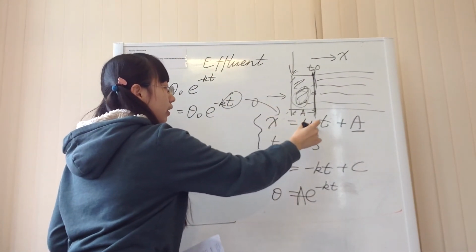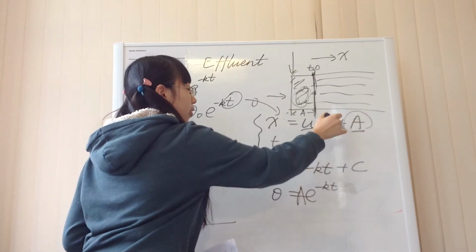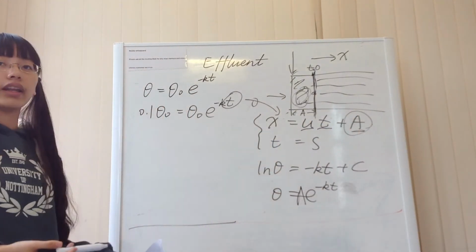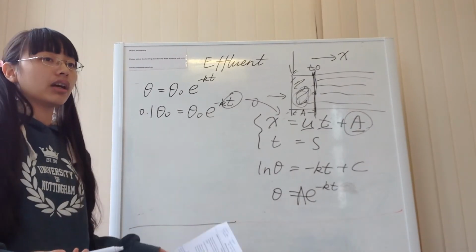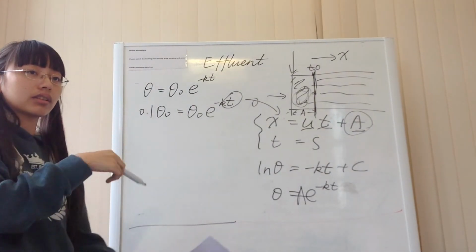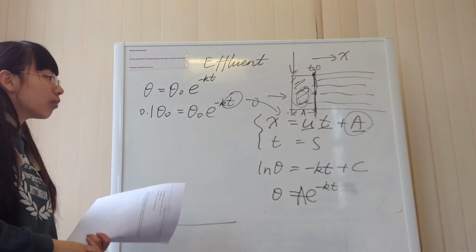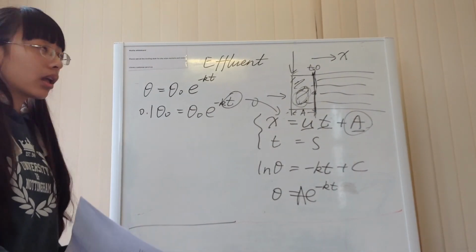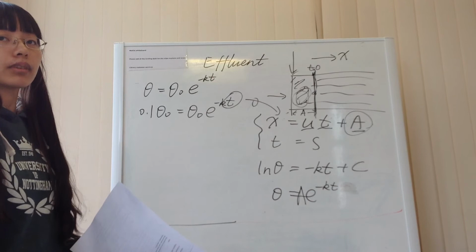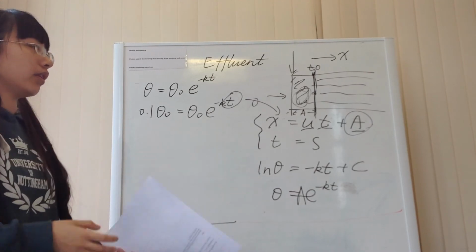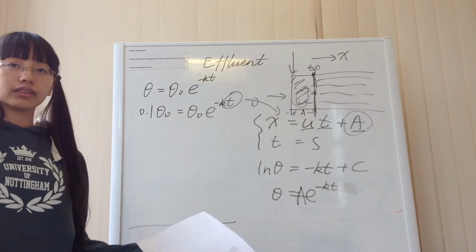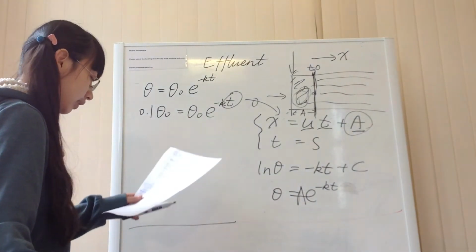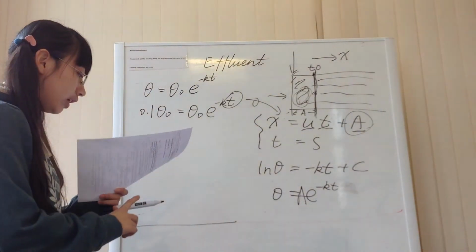We know u, we know t, and a is what we define. Budi here defined it to be 20 meters. You can define whatever reasonable number you think for the river to make it homogeneous. So it's ourselves that define the value of A. You just give it a reasonable guess. Well, I think 20 meters is enough for water to mix. That's fine. And basically, that's how you solve it.